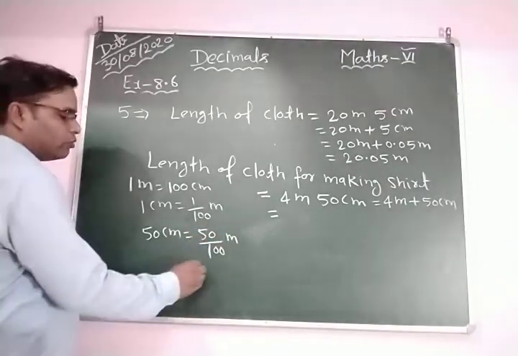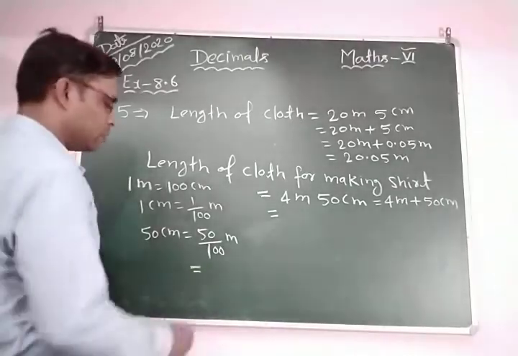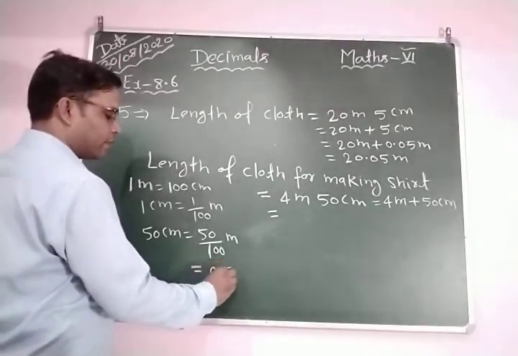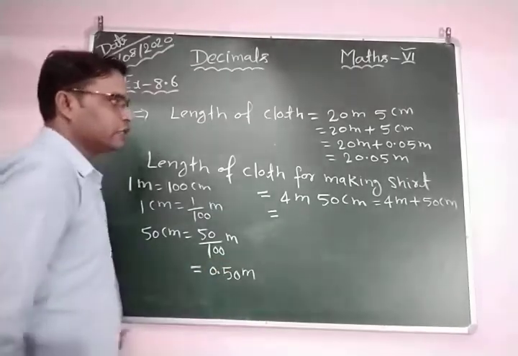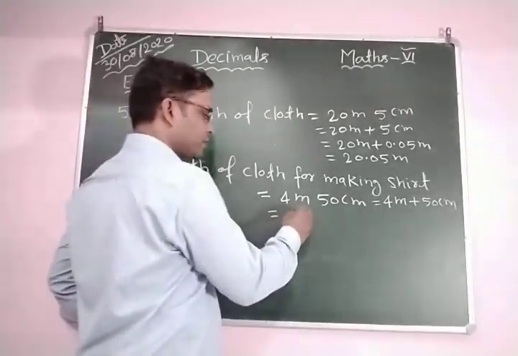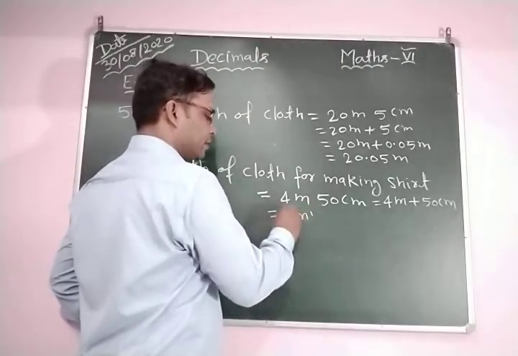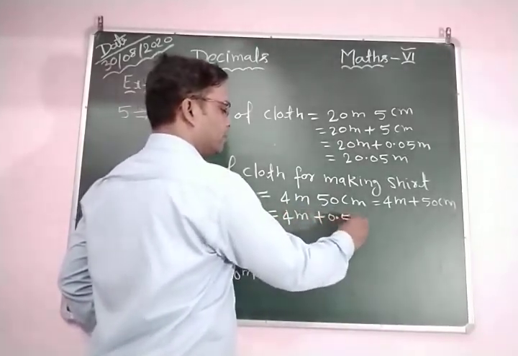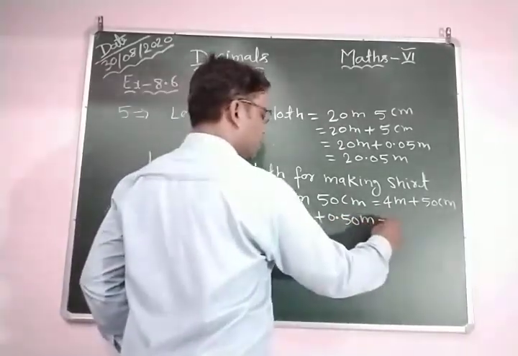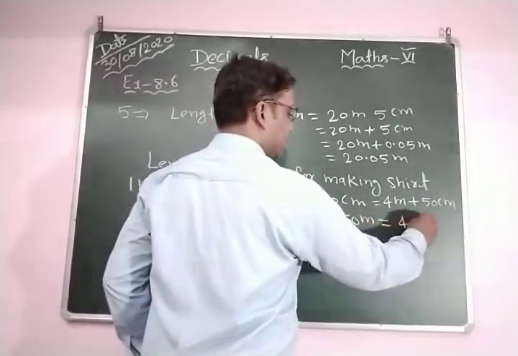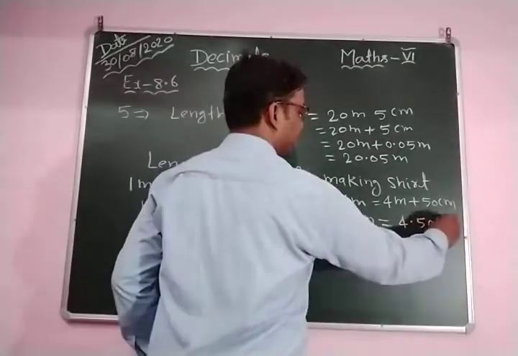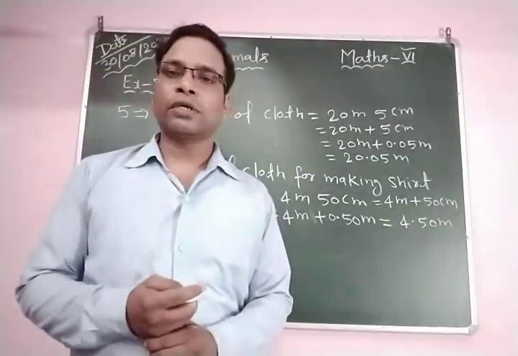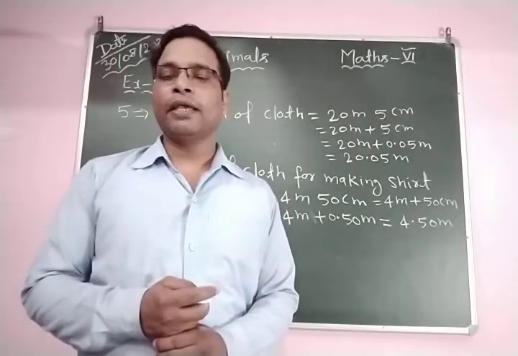If you convert to decimal, we obtain 0.50 meters. In this way you can write 4 meters plus 0.50 meters, which is equal to 4.50 meters. So students, I hope all of you understood how to convert centimeters to meters.